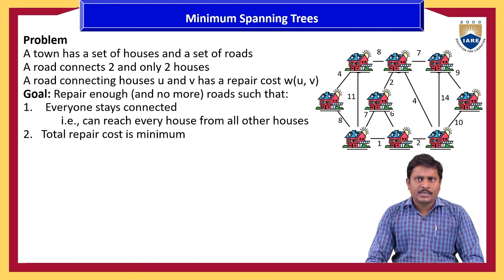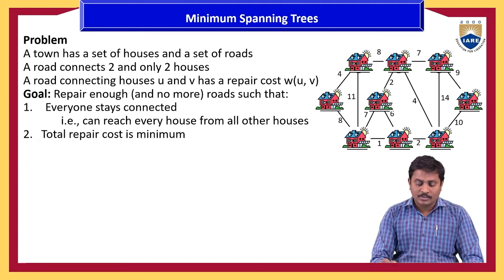A road connecting houses U and V has a repair cost W(U, V). The goal is to repair enough roads such that everyone stays connected, that is, one can reach every house from all other houses, and the total repair cost is minimum. That is the motto here.